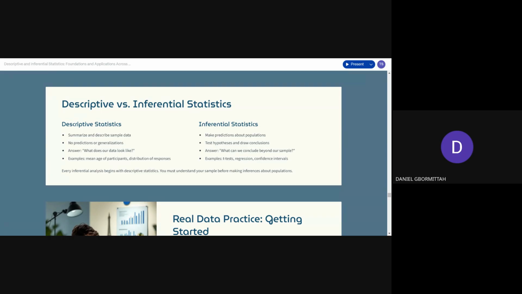Then we can think about the use of t-tests to see whether there is a difference between male and female people's performance, which we can generalize to the population.